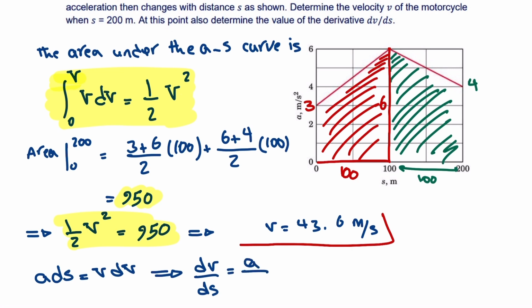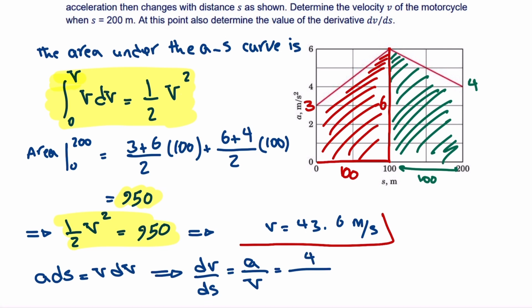So a, what is a? Acceleration at that point is 4 at 200 meters. Here, you see, it's 4.